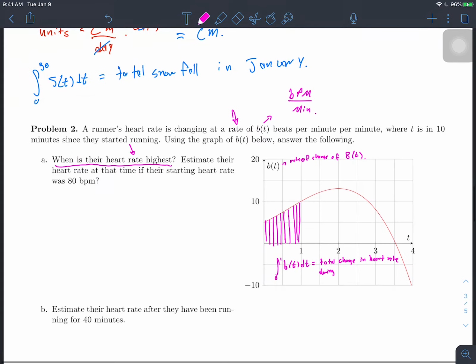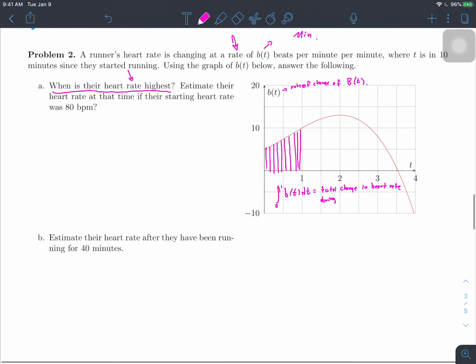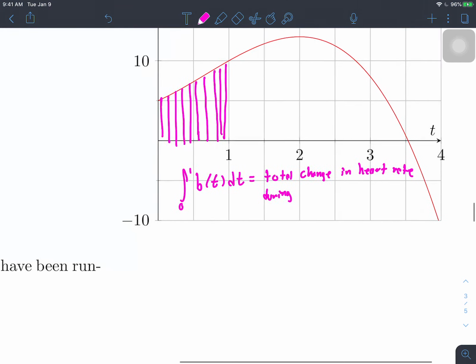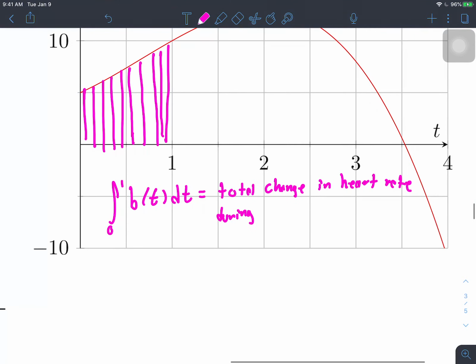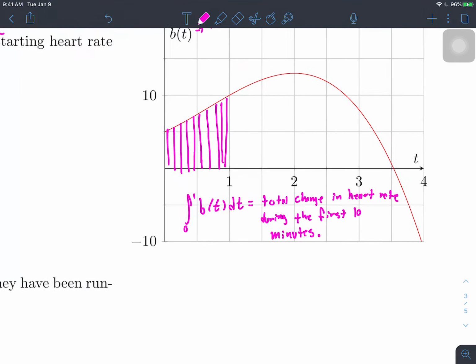T is in 10 minutes since they started running, so 1 means we've gone 10 minutes.